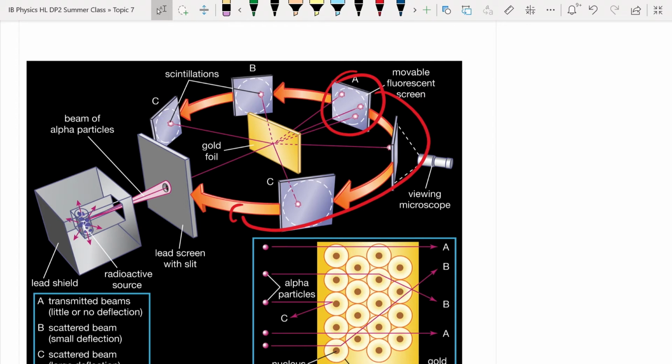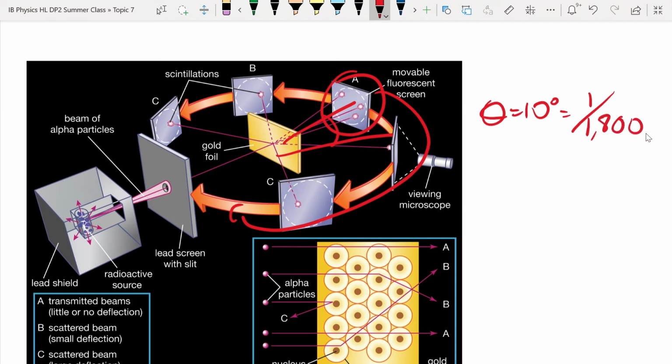So these particles at all these other angles have very, very few of them, right? So at 10 degrees, they detected about 1 in 1,800 of all the alpha particles released, which is not much.